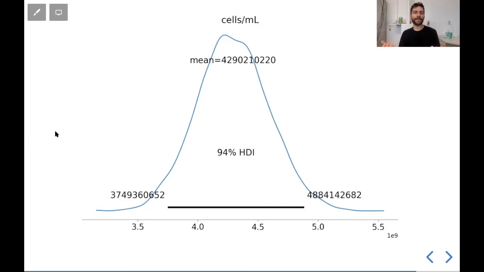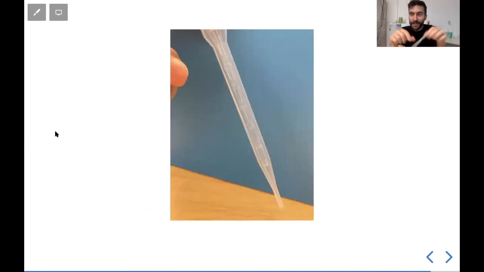There are other methods that they probably use for cell counting, but this is still really interesting. So you might be saying, especially if you work in biology or biotech, no one uses these plastic pipettes. These are disposable, one-time use, and more for just approximations anyway.